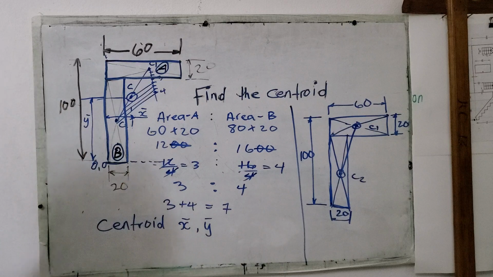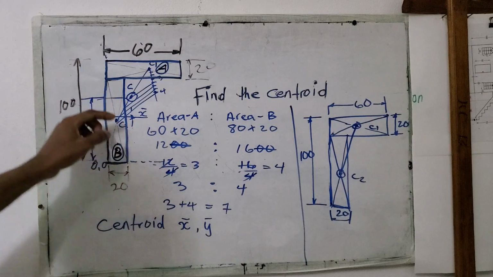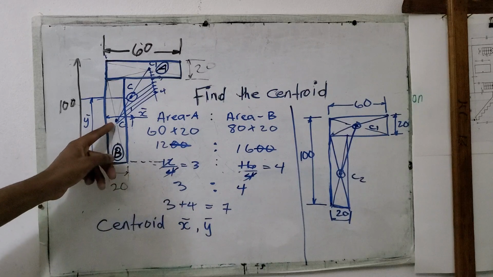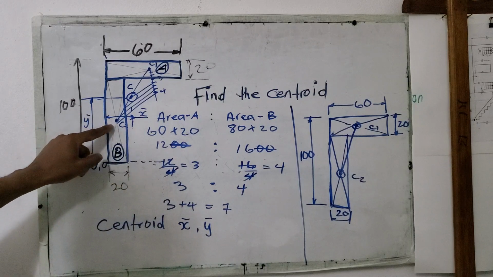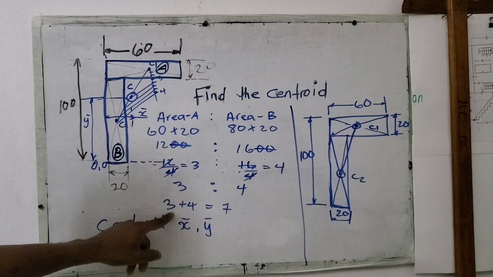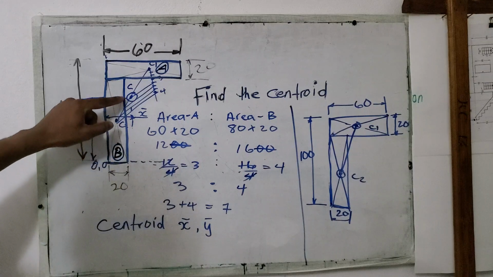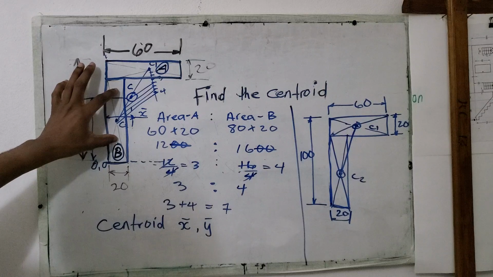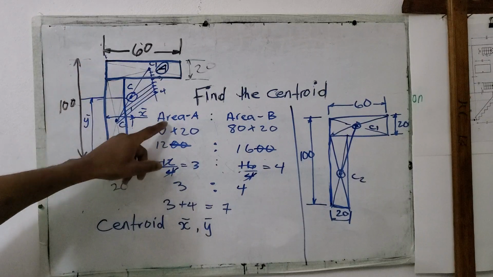The rule states that, in a case where we have a ratio, the centroid is located closer to the larger body, so the smaller portion should be marked off closer to the larger area.